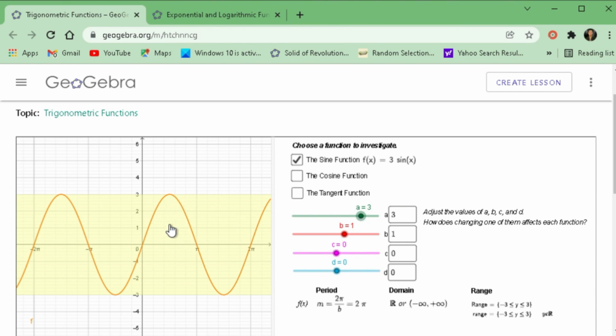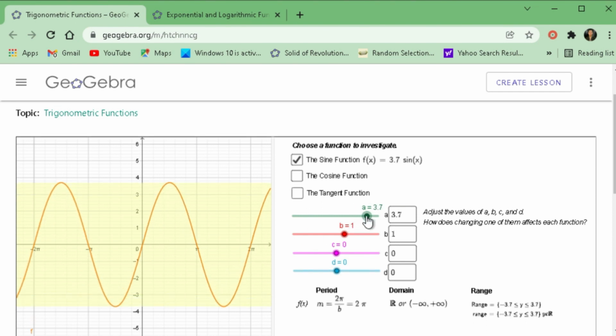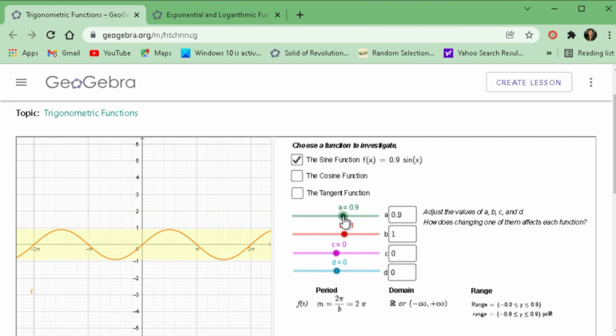Amplitude is just the height of the graph, but it does not change the graph. The graph still passes through the origin. It's the same curve, except that it changes the height. From 1, what if we make it 0.8? The amplitude gets smaller. So that is the effect of A. That's why we name it A, to denote amplitude.